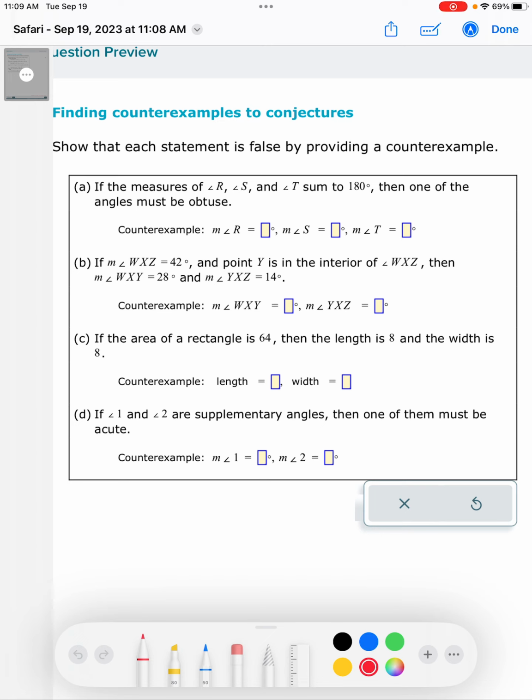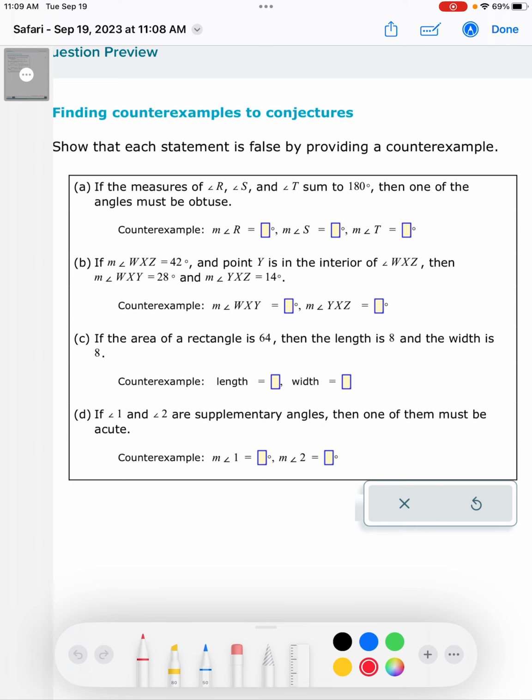It says if the measure of angle WXZ, basically they're saying, hey, how big is the angle? It's 42 degrees. Okay, that's all that said. The little m is just going to say, hey, how big's the angle? Because it stands for measure. All right? So the measure or the size of angle WXZ is 42 degrees. And point Y is in the interior or the inside of this angle WXZ.